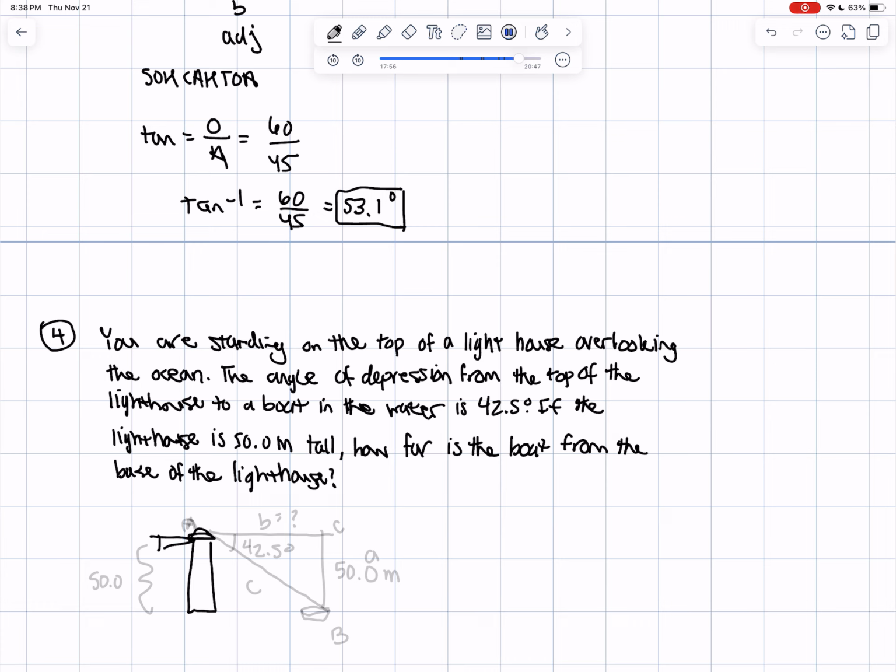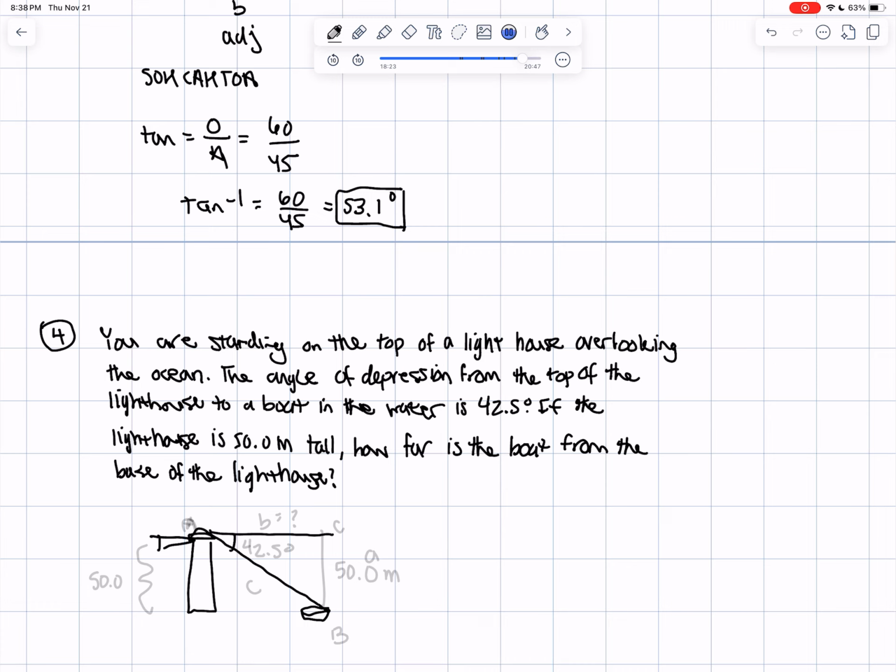And they say that there's a boat in the water, so our boat's going to be here. And we're doing an angle of depression, so that means we're going to be going downwards like this. But picture the angles here above. So it's a little bit different.